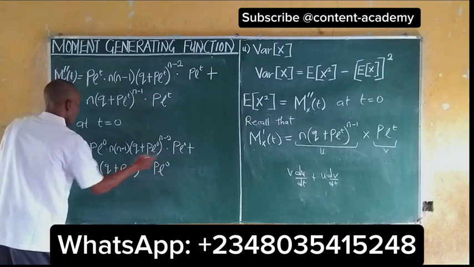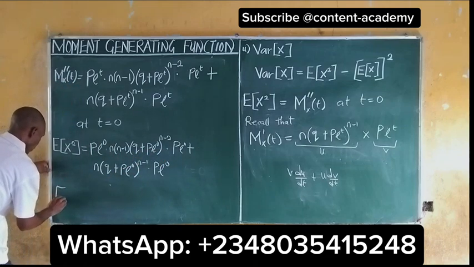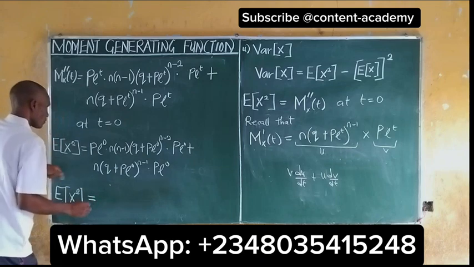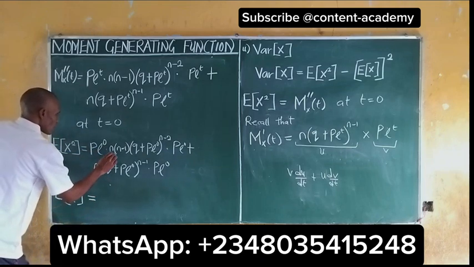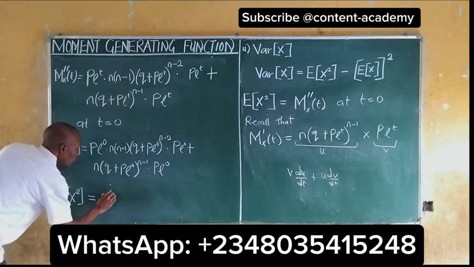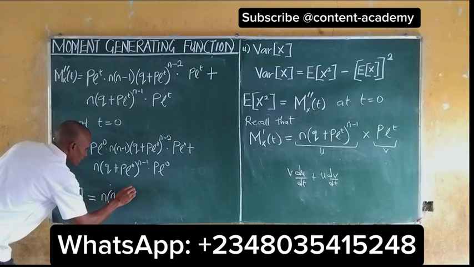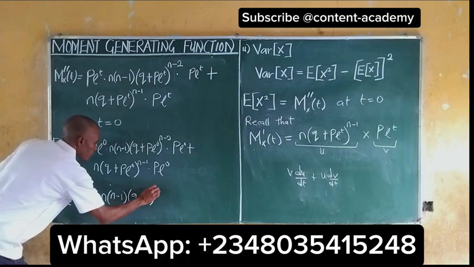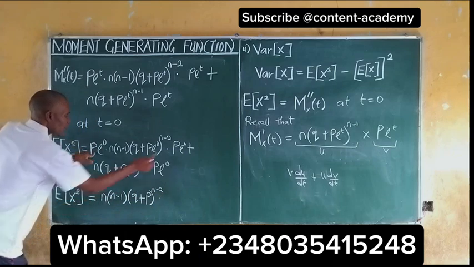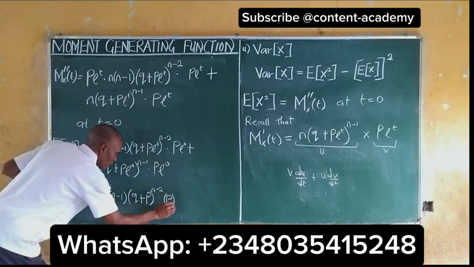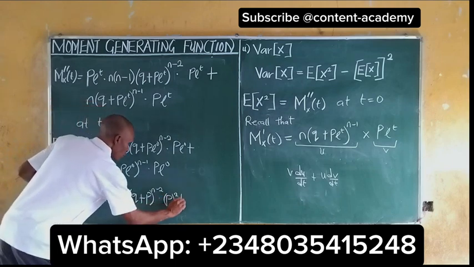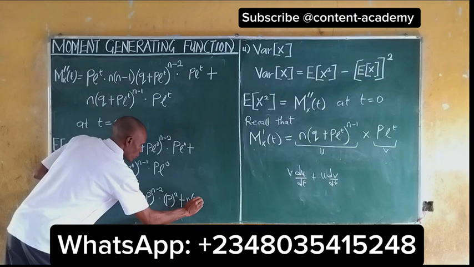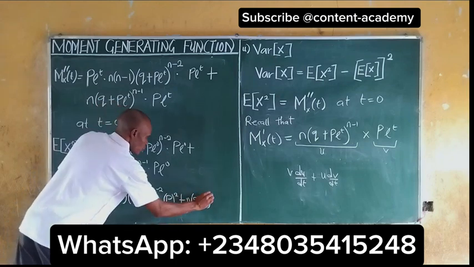So we can simply write our expectation of x squared to be equal to n into n minus 1 into (q plus p) raised to n minus 2, multiplied by this p and this p, which we can write together as p squared, plus what we have here, n into (q plus p) raised to the power of n minus 1.